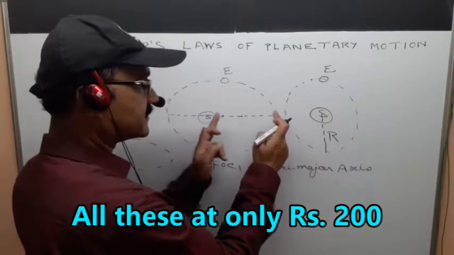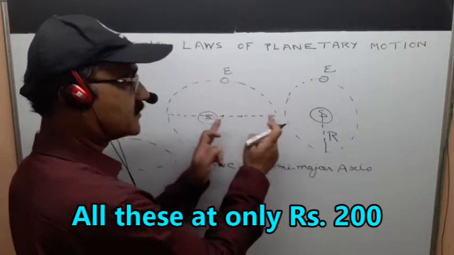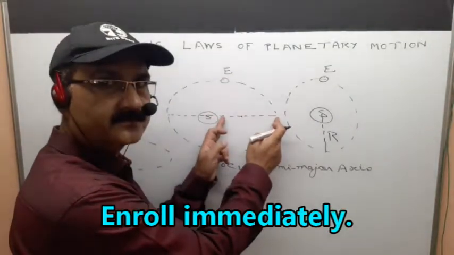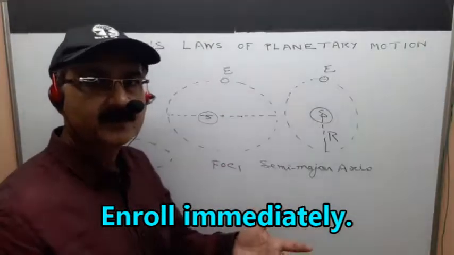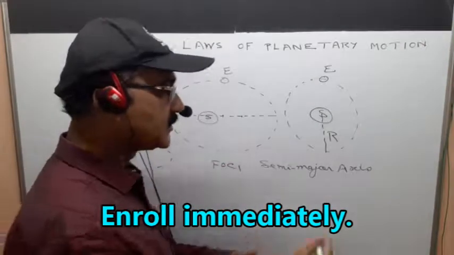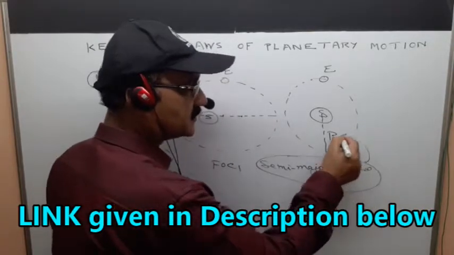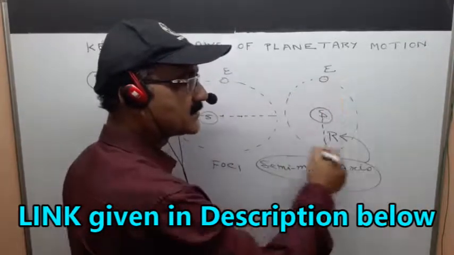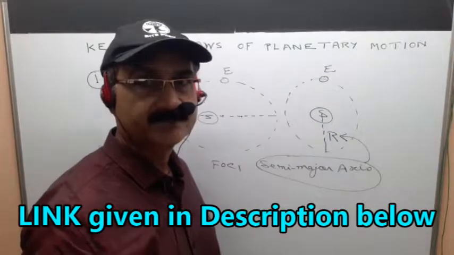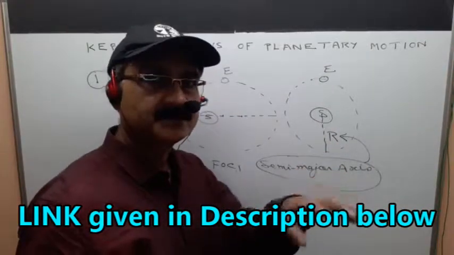Half of this much or this much is called semi-major axis. So for many practical purposes, for doing calculations, we can say the semi-major axis is equal to the r, the radius of the circular path. We'll need it in our third law.